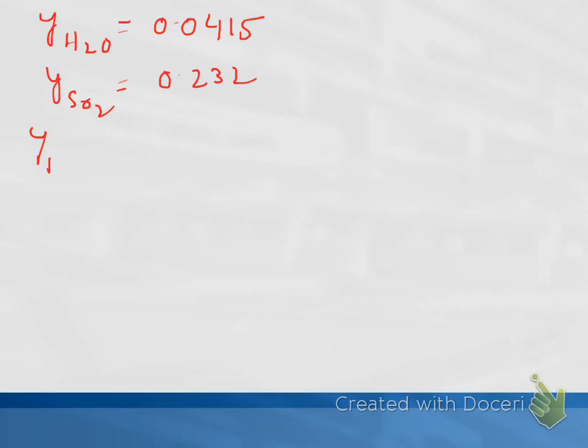So Y air is, because there is no other component, 1 minus YH2O minus YSO2, which will give you 0.72. Holy moly. Okay, this is a pain to write these things. Okay, so now we have YH2O.